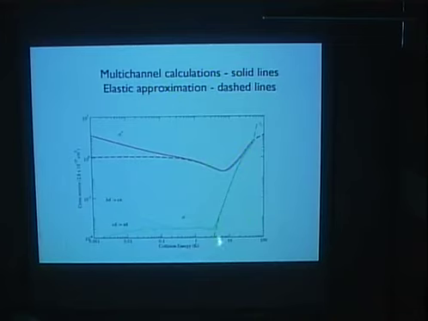The full lines correspond to the multi-channel calculations, which are a much more numerically intensive effort to produce. But you see the excellent agreement in this regime, which is of interest in astrophysics. Of course, as you go down to lower energy, major differences do arise between the elastic approximation and the full multi-channel results.